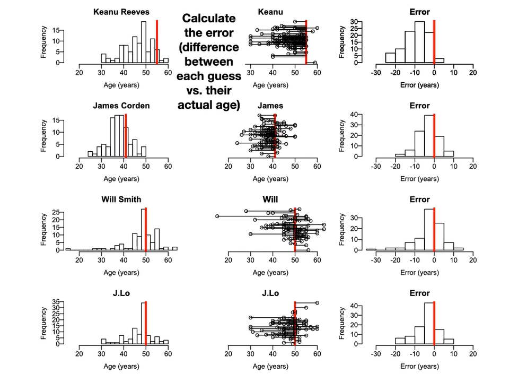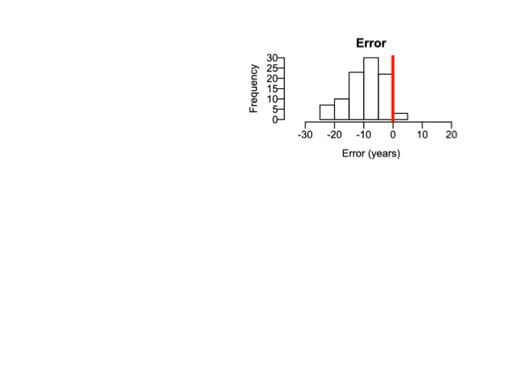And then on the far right, I'm graphing the distribution of those errors. Right away you can see, if the students were guessing bang on average, that distribution could be centered on 0, or it could be pushed off.